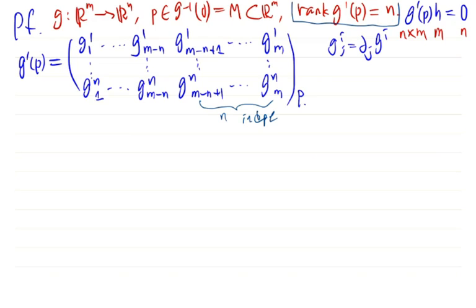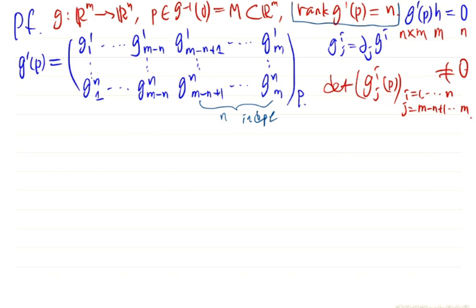That is, the determinant of this matrix Gij at P, where i is 1 to n and j is m minus n plus 1 to m, is not 0. So we might assume this condition. Because the rank of this matrix is n, without loss of generality we assume that the last n columns are linearly independent. Therefore, the corresponding determinant is not 0.